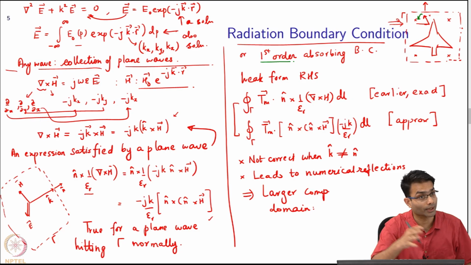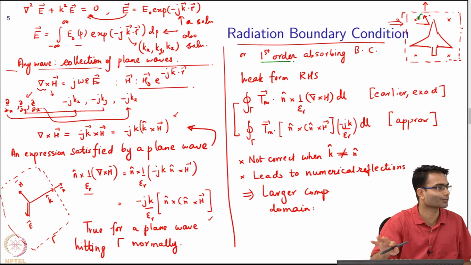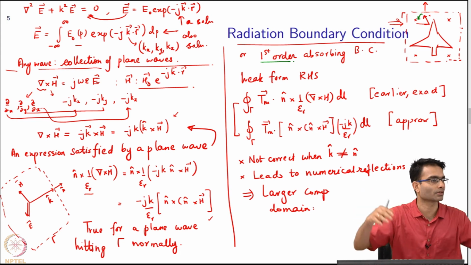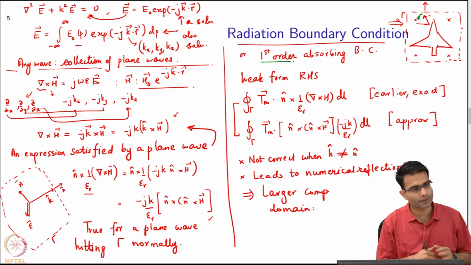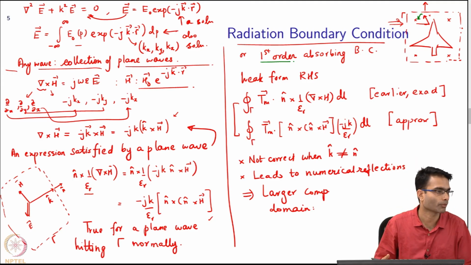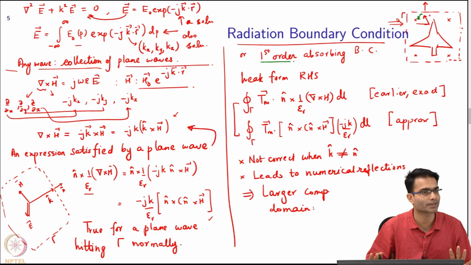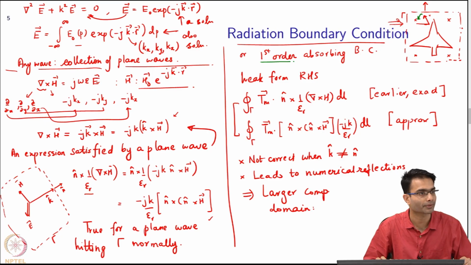And when you look at the mathematical form of higher order boundary conditions, you will realize, let's stick to first order boundary conditions and pay the price by making my domain a little bit larger. So, this is a very, very commonly used boundary condition. Your first code that you write, just implement this, get it working. On top of that, then you would try to implement higher order boundary conditions.